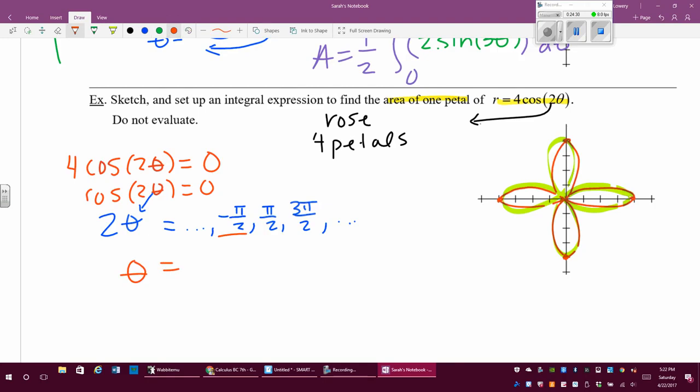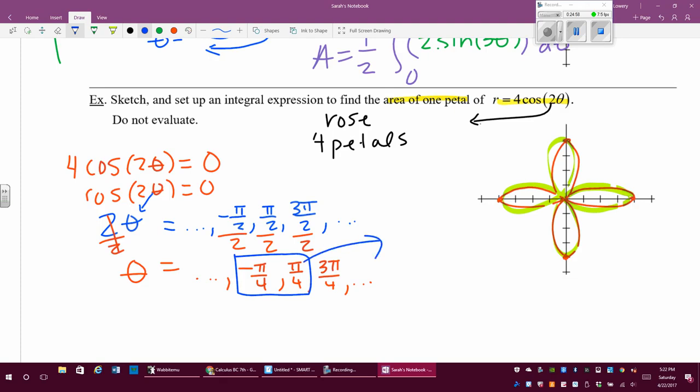Take all of these and divide by 2. And that means that it's going to happen at negative pi fourths, positive pi fourths, 3 pi fourths, and so on. So one petal is essentially going to be one rotation from origin to origin. So if I take this, that's one petal.